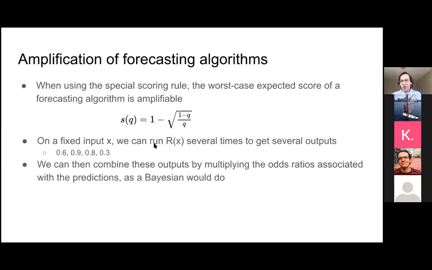It turns out you can then combine these outputs in order to get a single prediction that summarizes them. And what's the natural thing to do here? Well, if you're Bayesian, the natural thing to do would be to convert probabilities to odds ratios. So this is basically saying 1 minus 0.6 over 2, the ratio of, and then multiplying all the odds ratios.